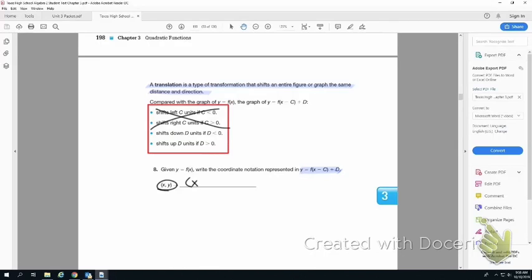Because it's inside the parentheses, and inside the parentheses is minus. I would take all of the Y values, and I would do what? What's under the C? Comma. Is that what you were talking about?